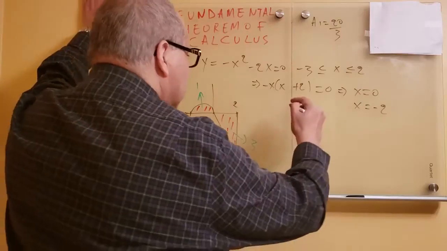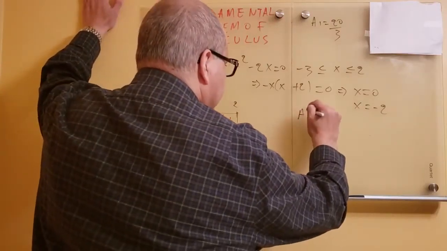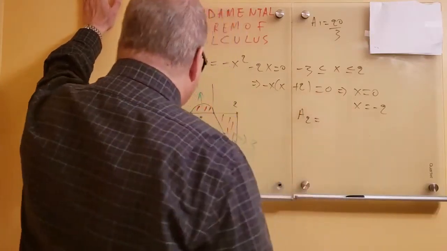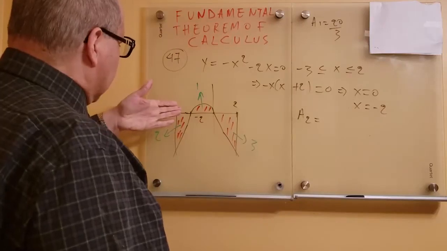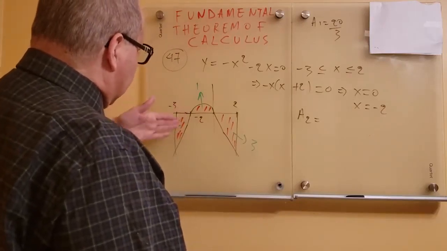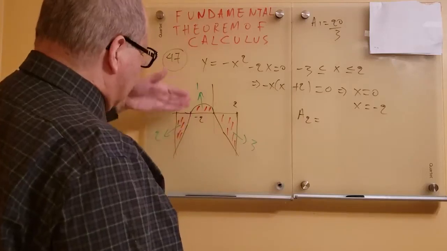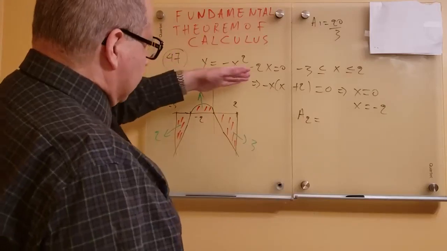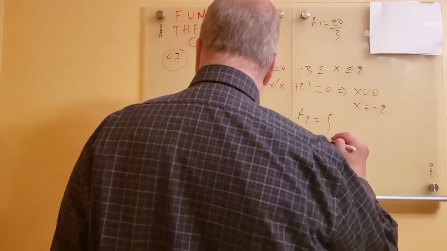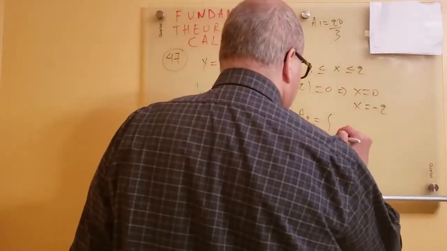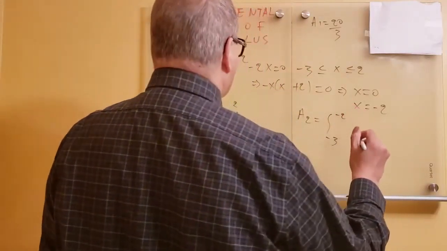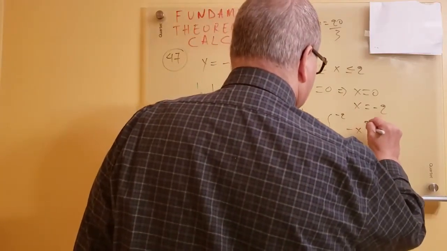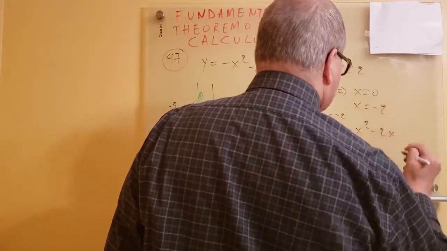You just have to take the integral now from -3 to -2. This here is part of this function, so you just have to do the definite integral from -3 to -2 of the same function, which is x squared minus 2x.